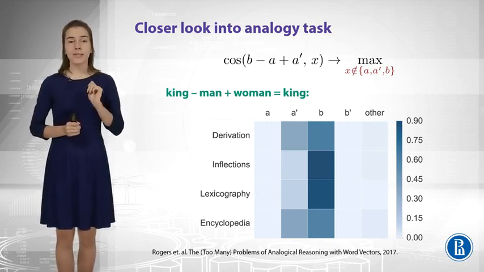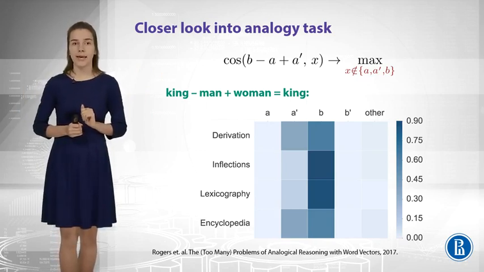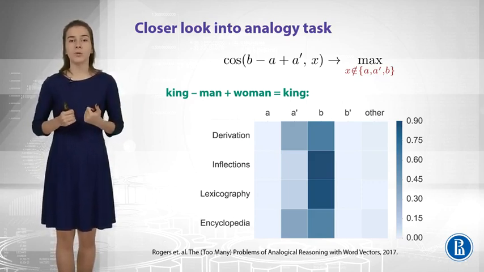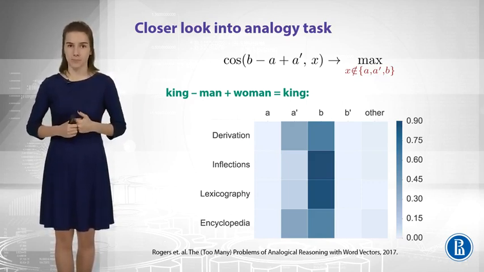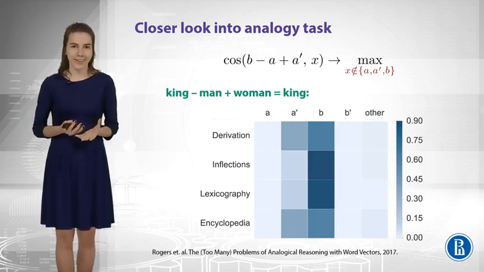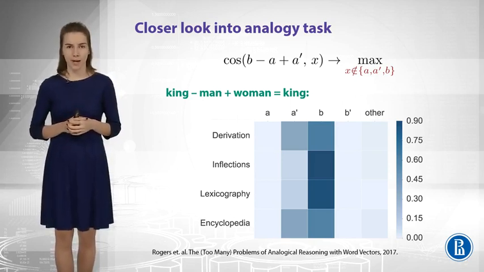But we exclude 3 candidates from this search. So we say that our source words, let's say king, man, and woman, do not participate in this search. And you know, this is a rather important trick that is usually omitted in descriptions of the Word2Vec model.